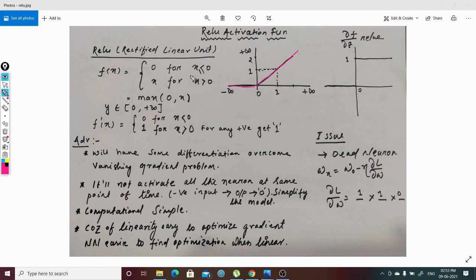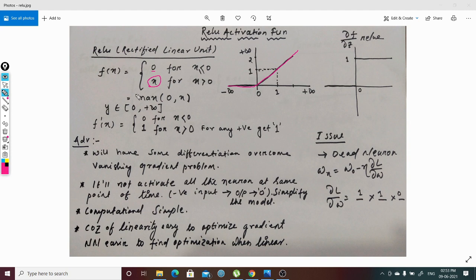For any negative or zero input to ReLU, the output would be zero, and for any positive input value, the ReLU function will give you that positive value. Whatever positive number you pass into the ReLU activation function, it gives you that positive number.